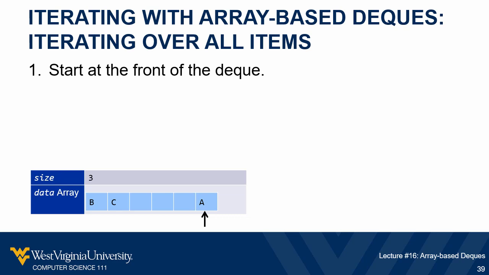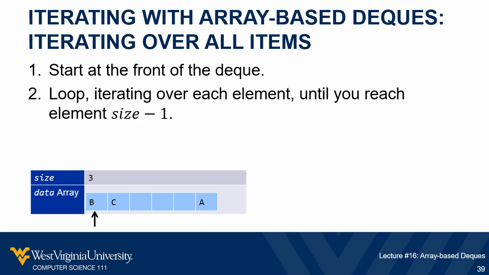So once we start at the front, we're just going to loop and iterate over all the other elements until we've gone over all the elements that we're actively using, where we get to the element inside the deck that's size minus 1.